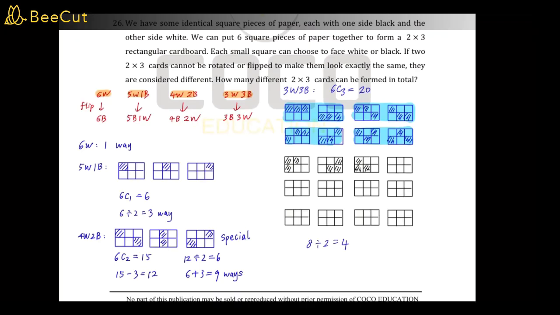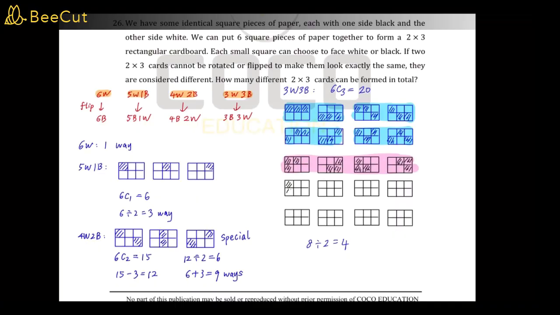The other one, if you flip, you get this. So everything here is considered as one way because you can get it from the rotation or flipping. These four considered as one way.